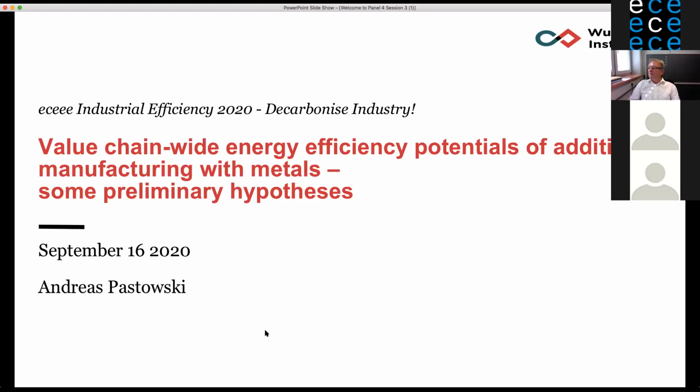And therefore, it still needs to be found out which exact products and materials will deliver the highest potentials in introducing additive manufacturing. Well, that is just to let you know what we are talking about.